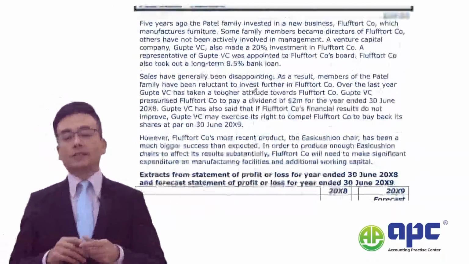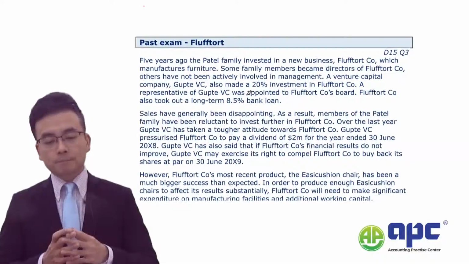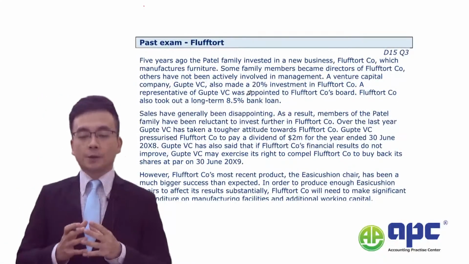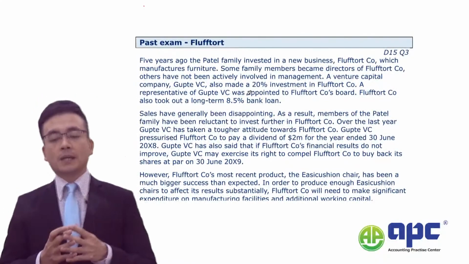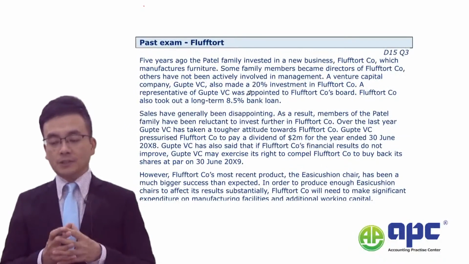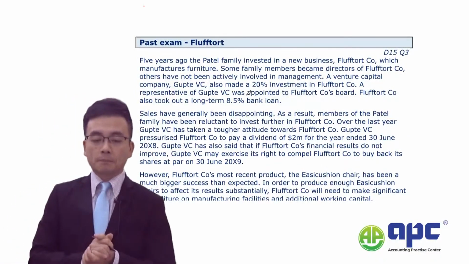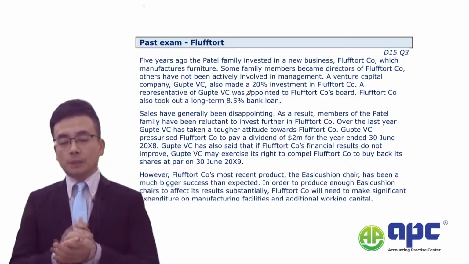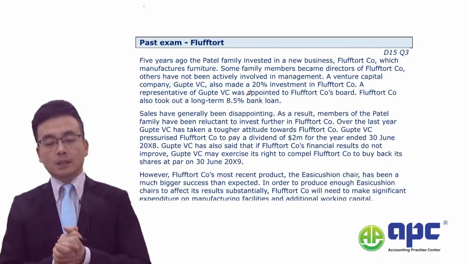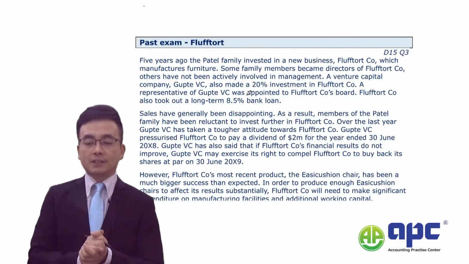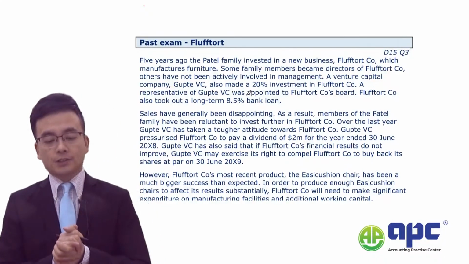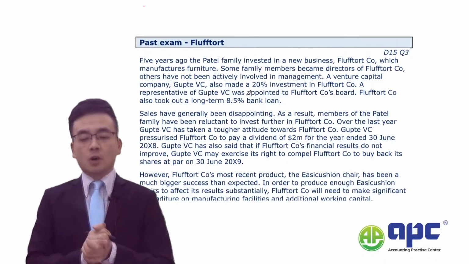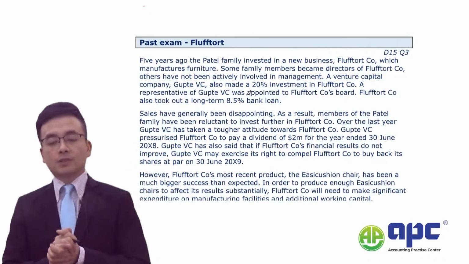Let's read through the case and see what is going on in there. We're told that 5 years ago, a Pater family invested into a new business called Fluffort Company, and this company manufactures furniture. Some family members became directors, and others have not been actively involved in management.